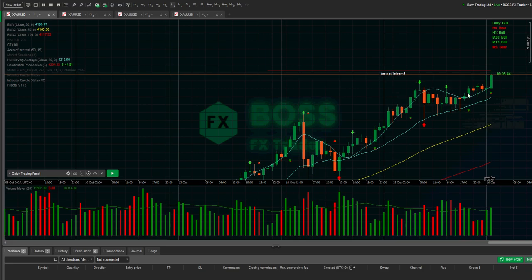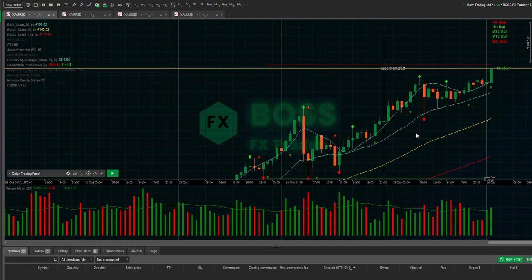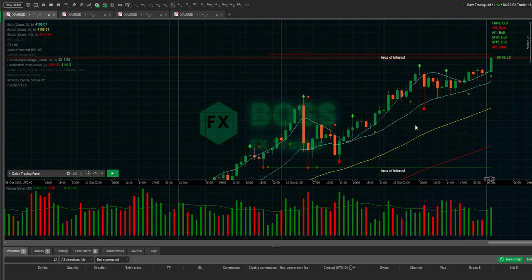Wala pong sell dyan, puro buy lang yung opportunity dyan. Buy signal, and after that buy signal again, and then buy signal. So that means the bias that we have is all buy, and this is a confirmation.